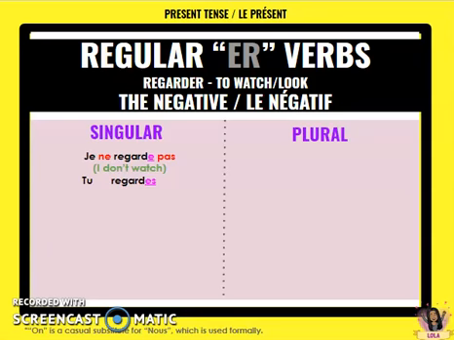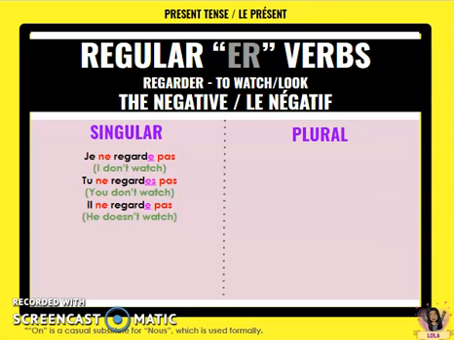Again, we have it in the positive, tu regardes. The ne goes before regardes, the pas after regardes, tu ne regardes pas. You don't watch. Il regarde, the ne before regarde, the pas after regarde, il ne regarde pas.